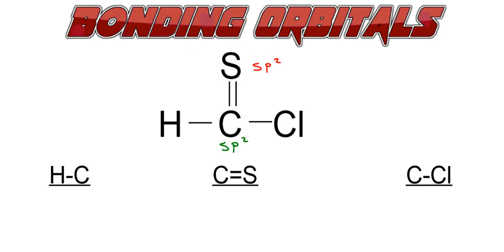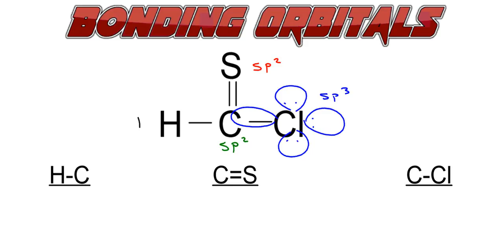And if you looked at the chlorine, which actually has this on it, you'd say that that is sp3. And finally, to wrap things up, is the hydrogen, because it only has one cloud. It can't even hybridize, because to be a hybrid, you need two things.